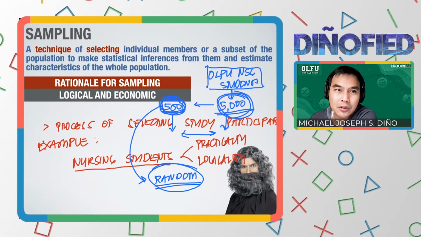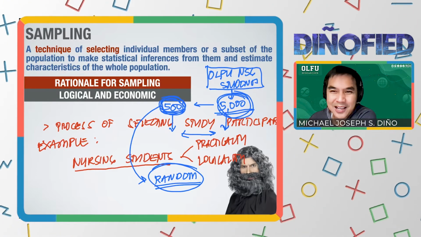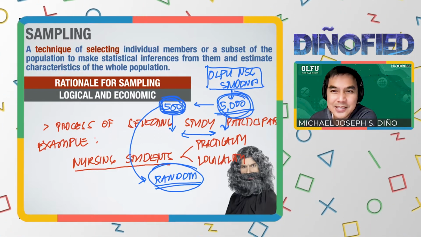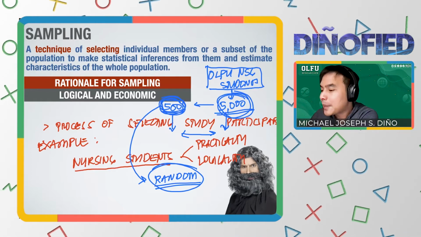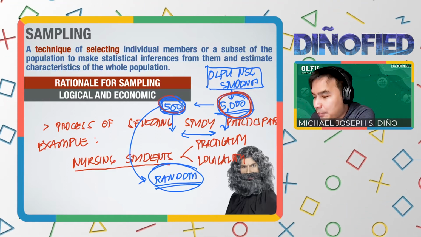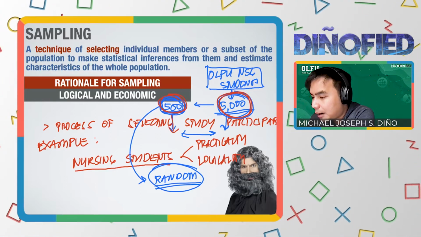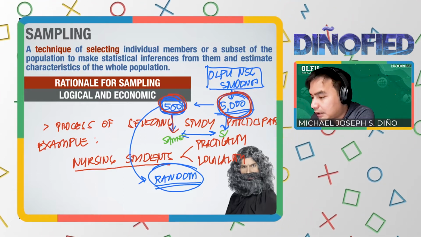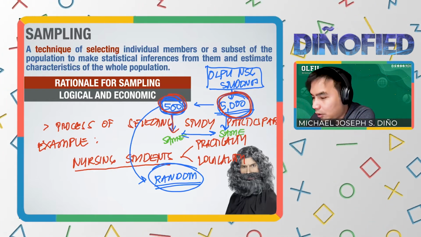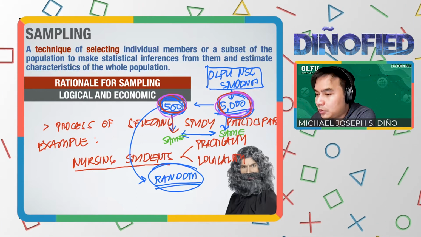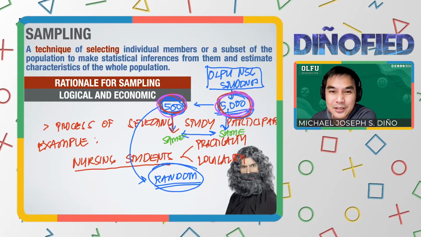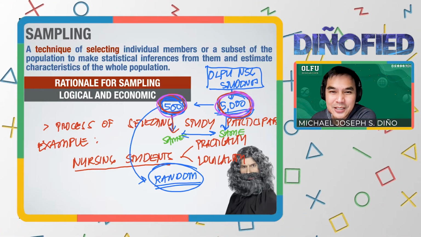But if you do random sampling, believe it or not, if you get the responses of the whole population, at the end of the day, they're the same. So whether you include all members of the population or just do sampling, if they end up with the same result because you randomized, which is more practical to use? Are you going to include all the members of the population or are you going to do randomized sampling? Considering the resources that you're going to use in your study, which is more practical?